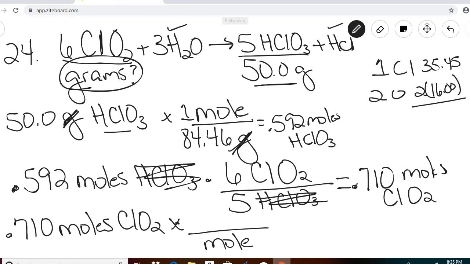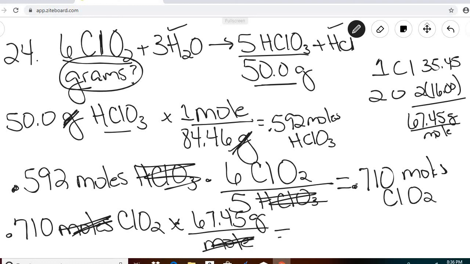Add that together, it's 67.45 grams in 1 mole. Moles cancel.